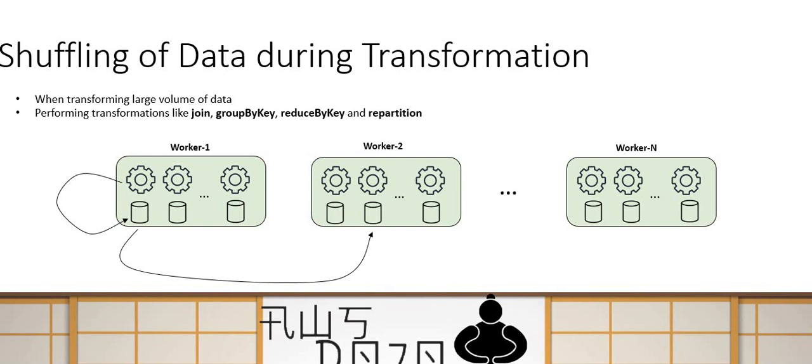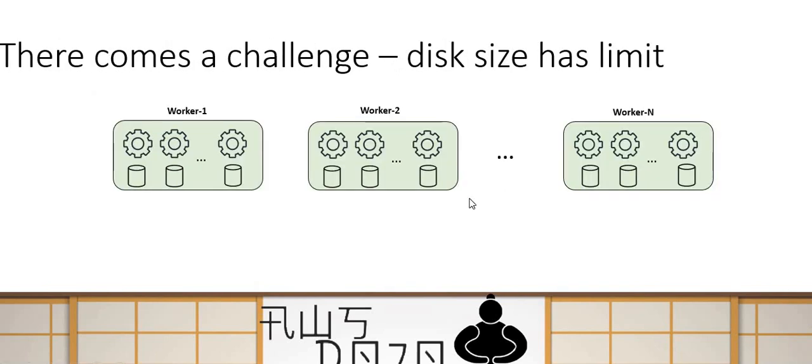Having understood how shuffling and spilling happen and how these executors make use of their local disk space, let's get to the problem statement. The problem statement is that these disk sizes are small. Each worker has its own disk size allocated based on the worker type you have selected, and each executor uses a part of that disk for its own processing of the data.